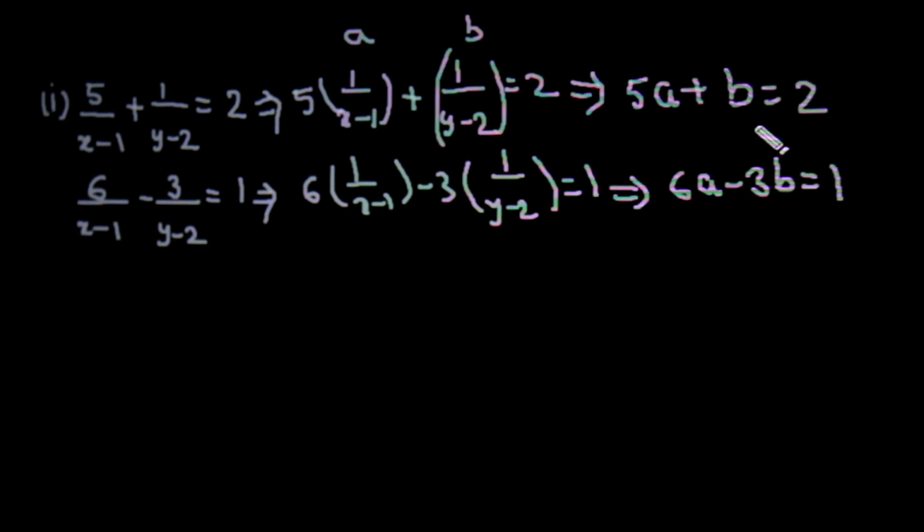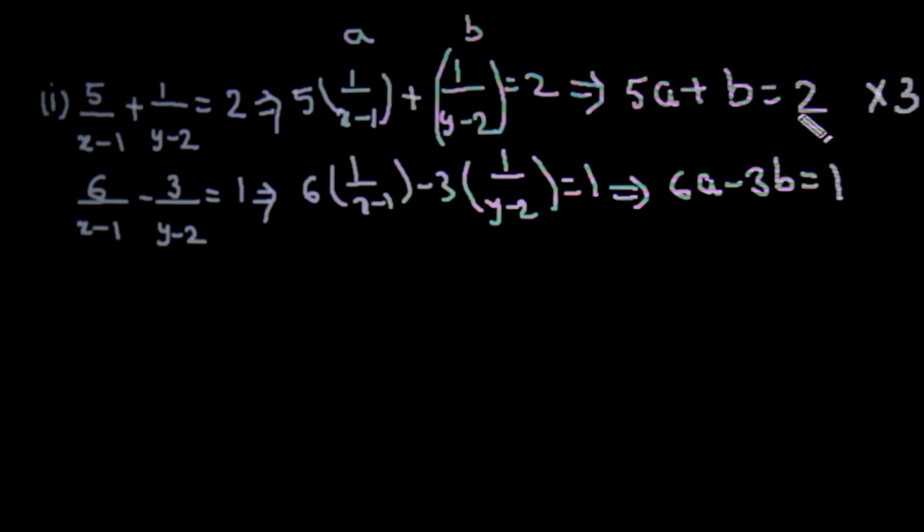I have already explained this to you in the previous videos. If you want to solve these two, either the a or the b coefficients must be equal. Therefore, if you want to make b equal, you have to multiply the first equation by 3.